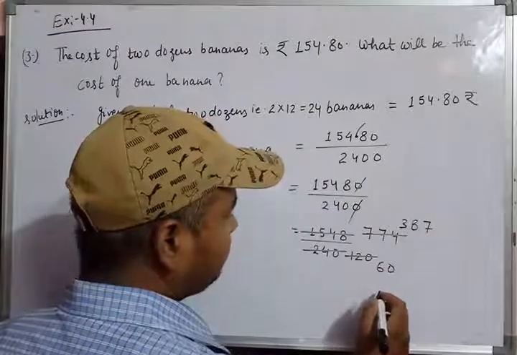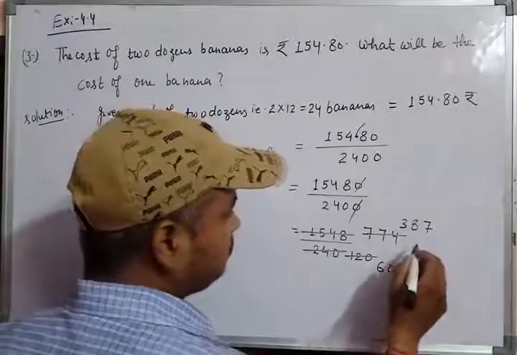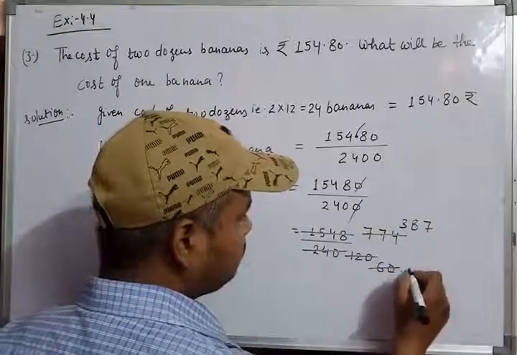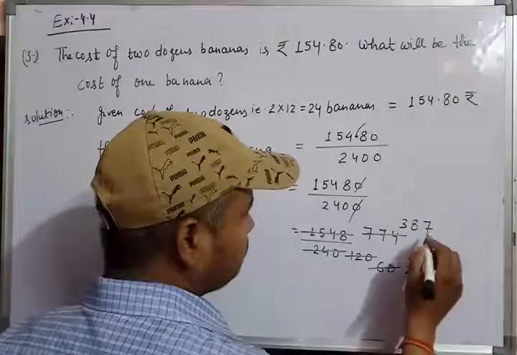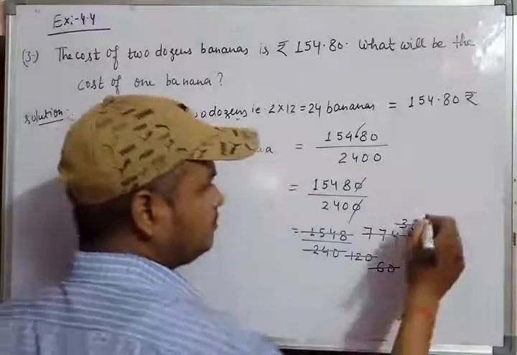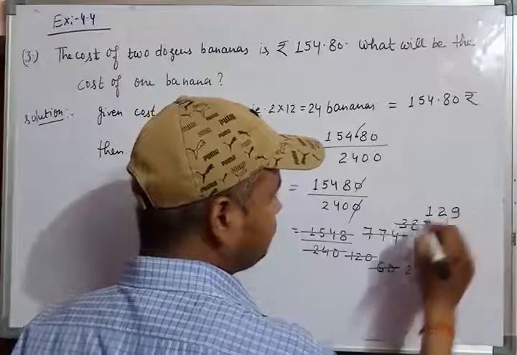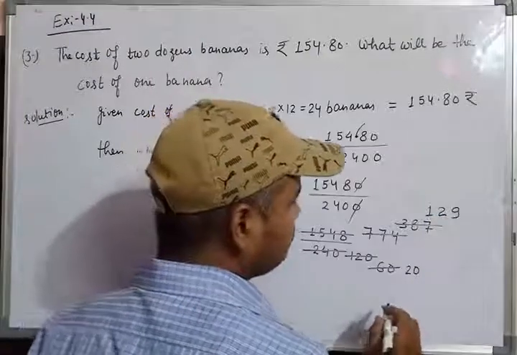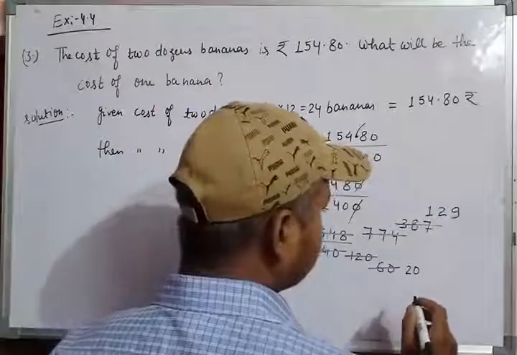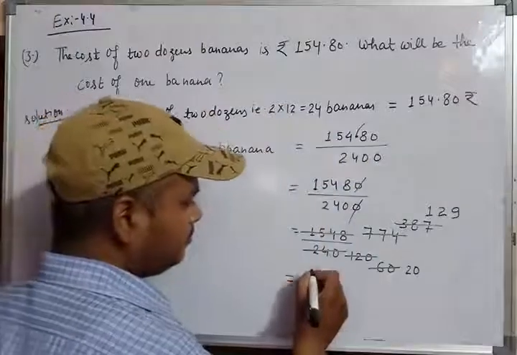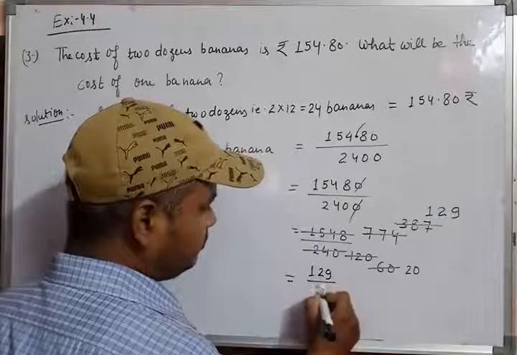Now this is divisible by 3. 3 2s are 6. 3 20s are 60. 3 1s are 3. 3 2s are 6 and 3 9s are 27. Now you can write 129 upon 20.